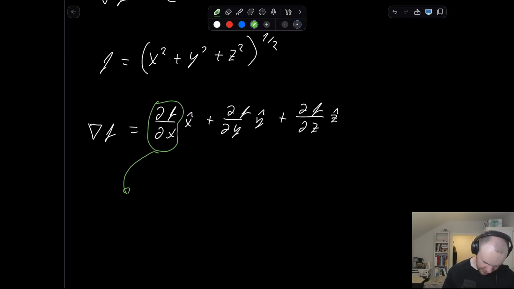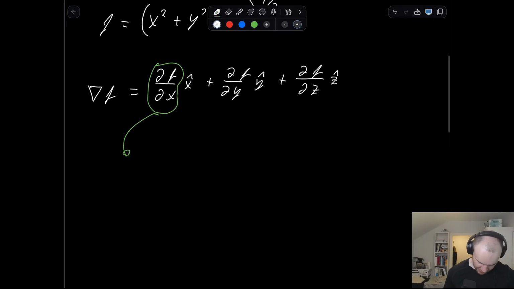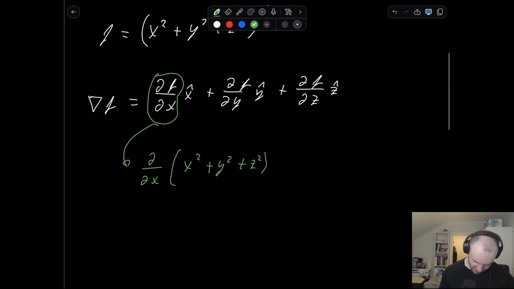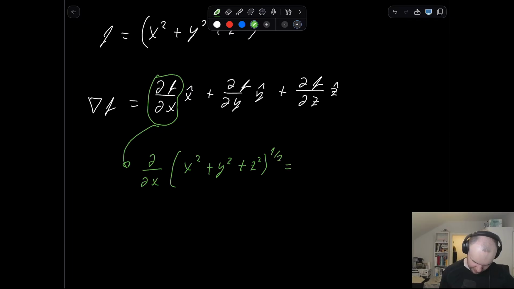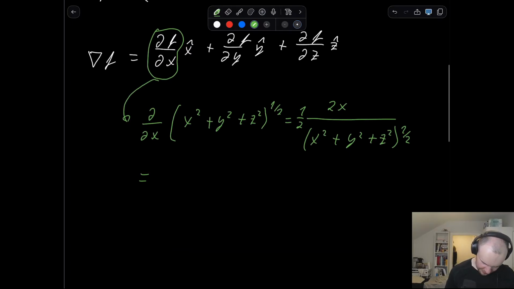I do the x component: partial in terms of x of x squared plus y squared plus z squared to the power of 1/2. The 1/2 comes in front, and the chain rule gives 2x. In the end, this is just x over r.